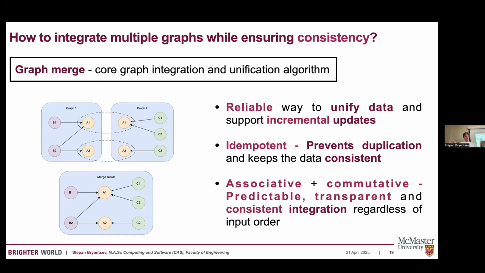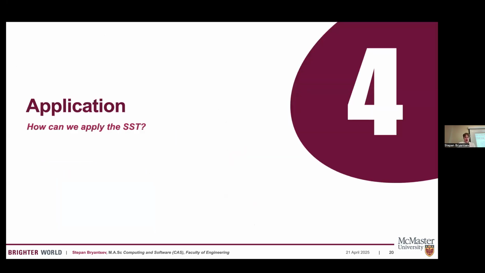You can push the code data, the performance data, etc., in any order, and you would end up with the same graph representation. In other words, this is a very predictable, transparent, and consistent way to integrate the data. So these were the main design and implementation challenges that we had to solve.